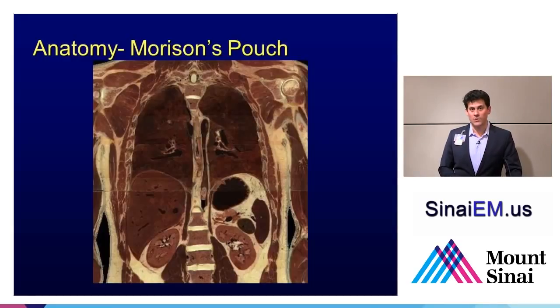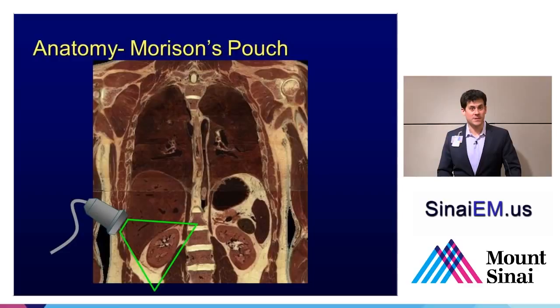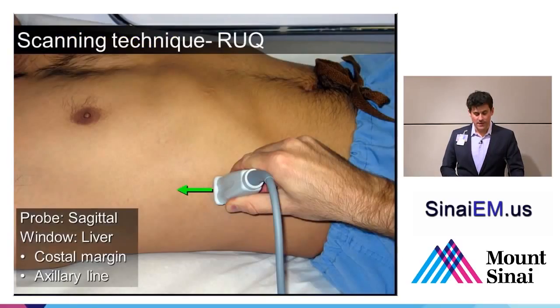So looking in the right upper quadrant at Morrison's pouch, we want to focus now on this coronal view. This is more of the section that we're going to be scanning through. We're going to hold the probe with the probe marker facing up towards the patient's head, using the liver as a window to scan in what is essentially a coronal or a sagittal plane up towards the patient's head. And we should see the liver and the kidney as we do here when you hold the probe on the patient's right upper quadrant.